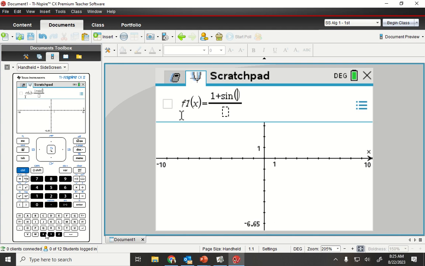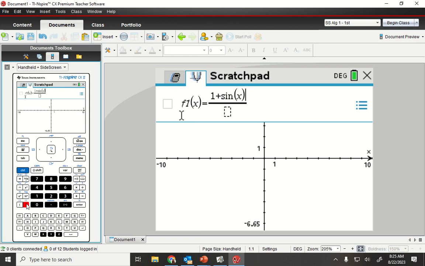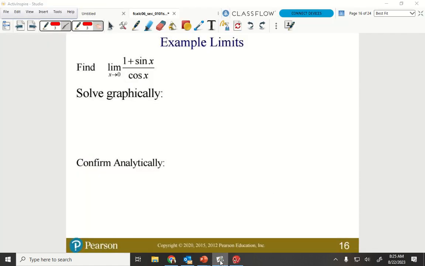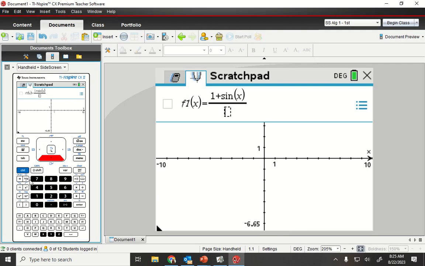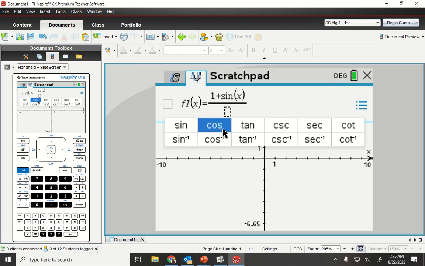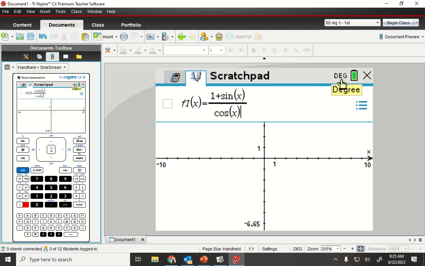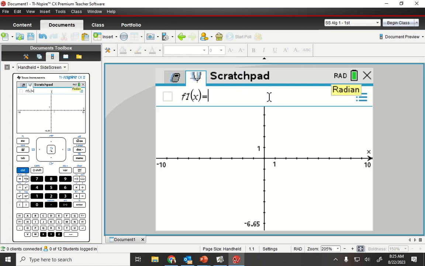Sine x, close, over cosine. And in calculus, we always use radians. So all you have to do is take the mouse right here where it says degree, just click that and it changes to rad.